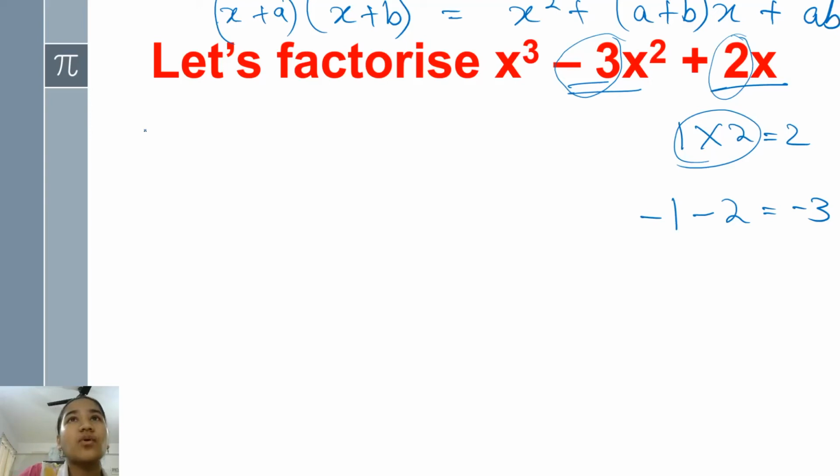So now we have found a and b. We have not yet found what is x. So what are we going to do? We are going to just neglect this step and go with the next one. Okay, so the next one is minus 1 minus 2 is equal to minus 3. So next step, x cube as it is.